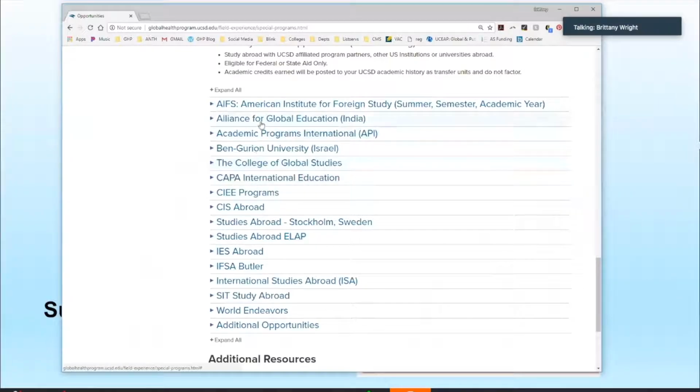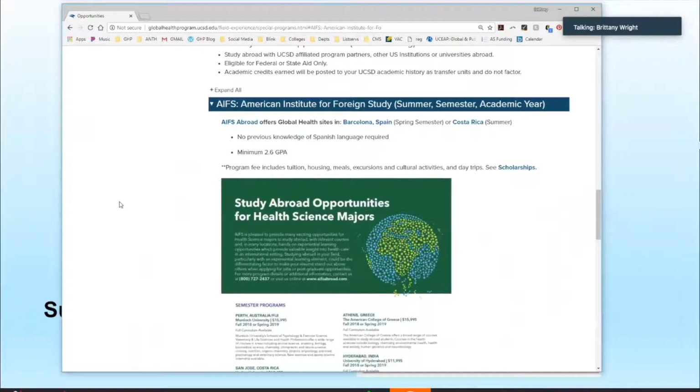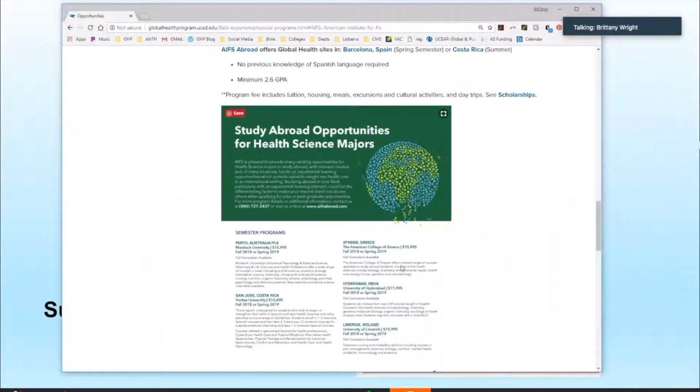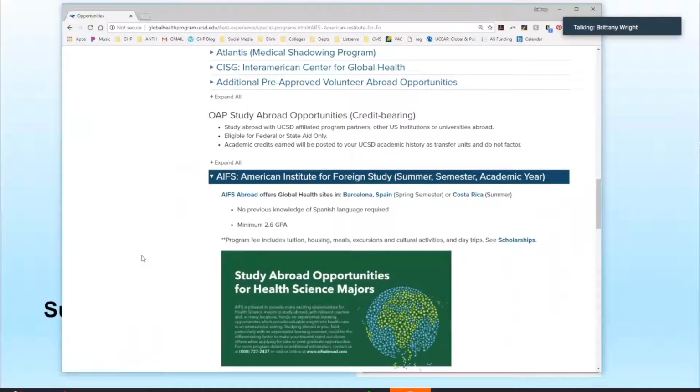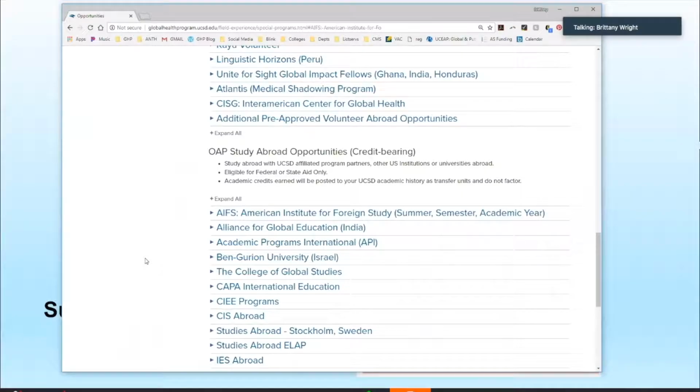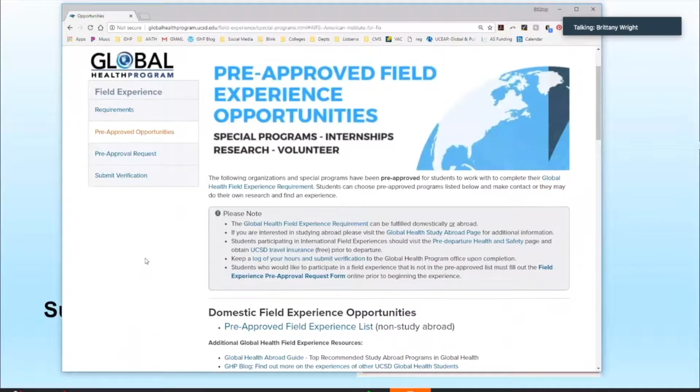So let's see, like AIFS, they have programs in Australia and Greece, and so I'd recommend starting to research field experience options. There's also going to be a study abroad expo in fall quarter for you to attend, and you can go around and talk to all these different programs and study abroad advisors.